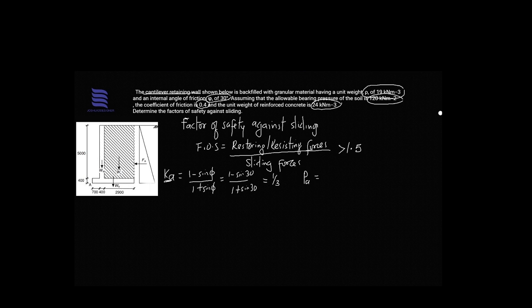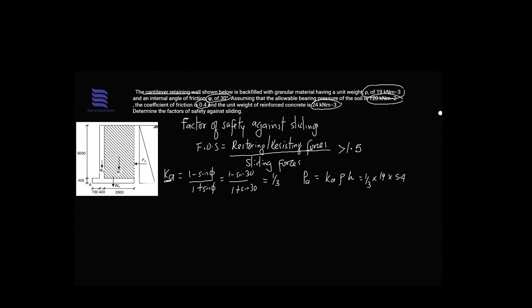So this is obtained using Ka, which is the coefficient we just obtained, multiplied by the unit weight that has been given already in the question, then multiplied by the height. So simply you would have 1 over 3 multiplied by the density that has been given already, which is 19, then multiplied by the height, that's 5.4.